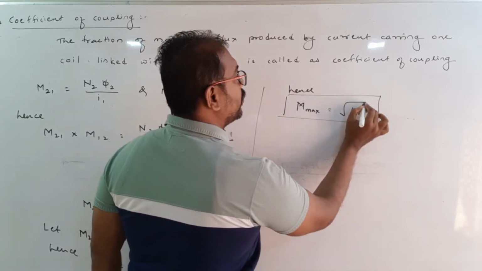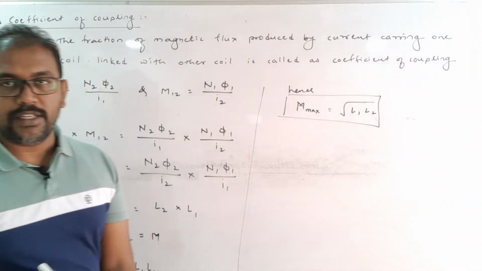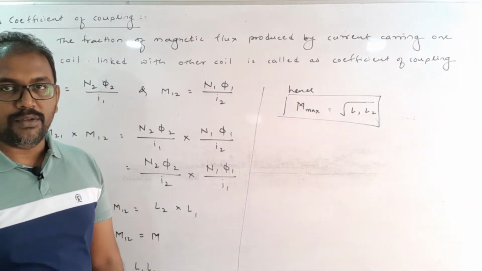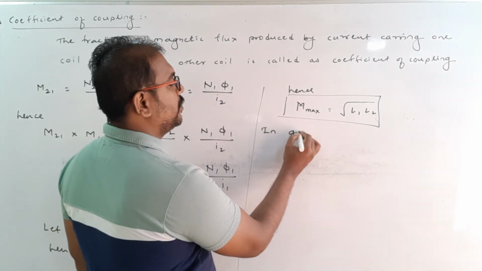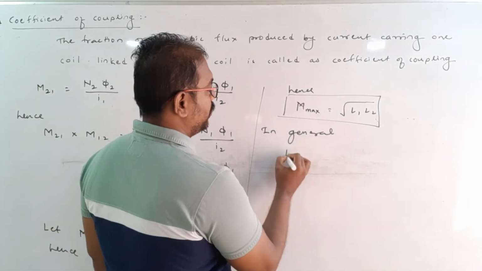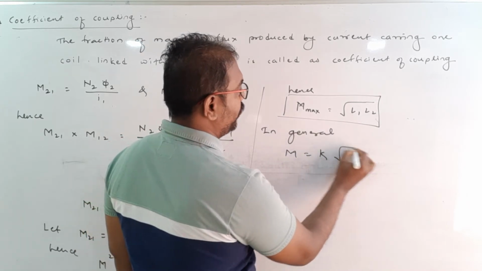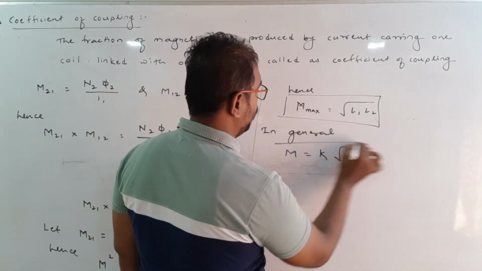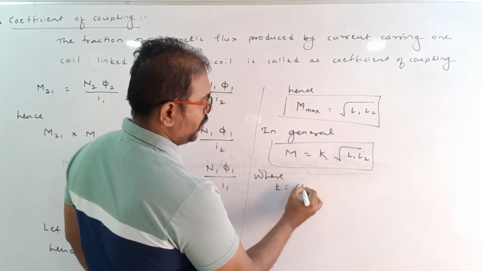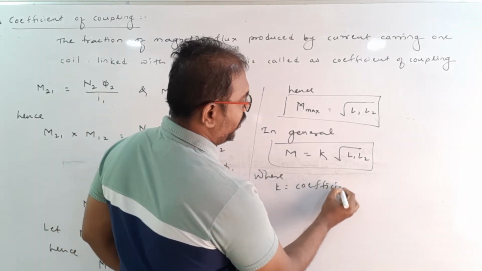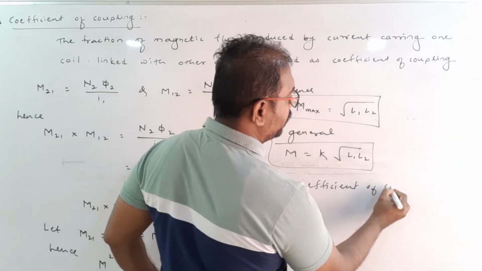This is the value of maximum mutual inductance, under root L1 L2. In general, we can write this mutual inductance as K under root L1 L2, and this K is the coefficient of coupling.